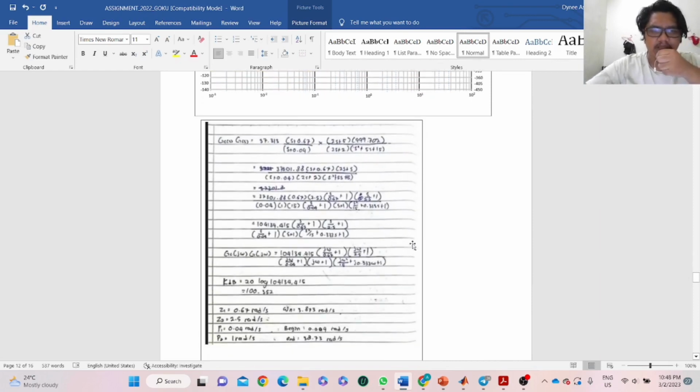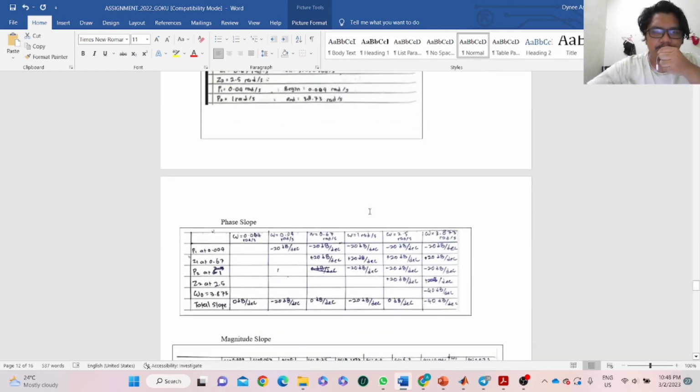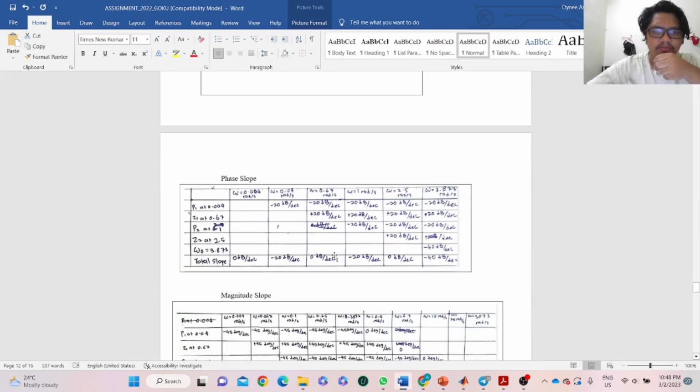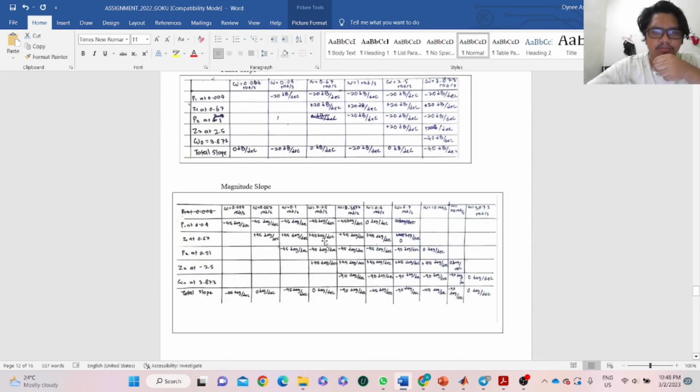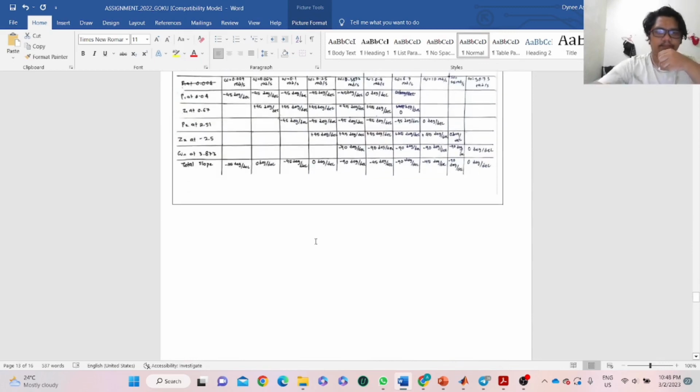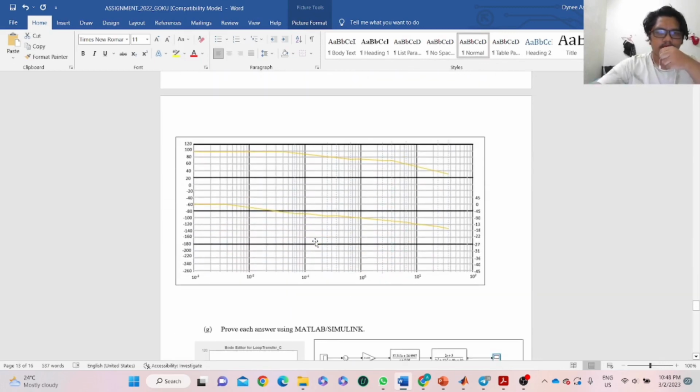Okay, this is the calculation for the plot. This is the phase slope and the magnitude slope. So for this plot, this is the compensated magnitude slope and compensated phase slope.